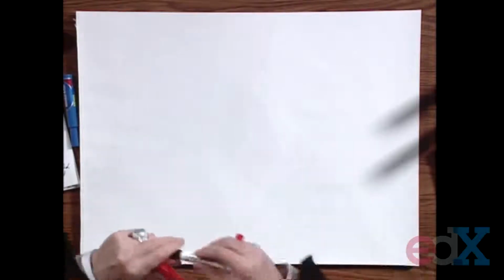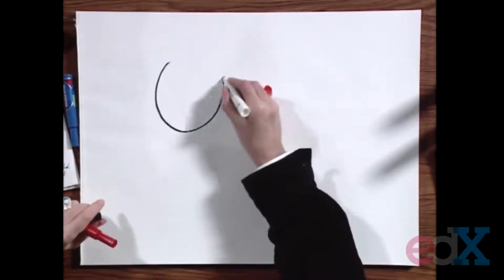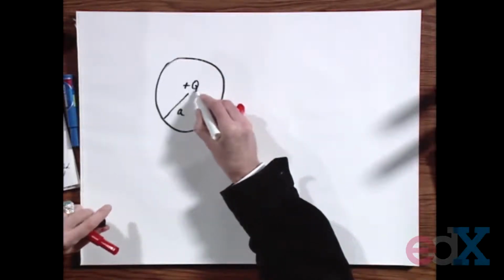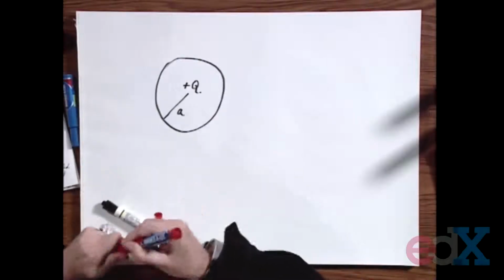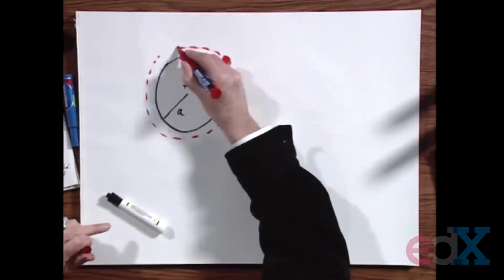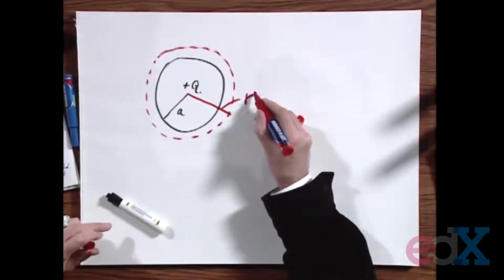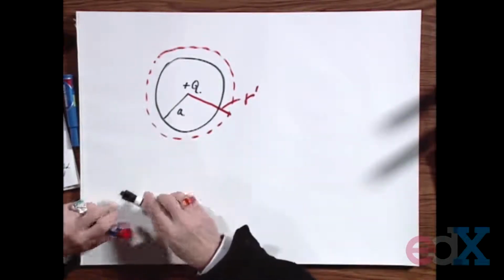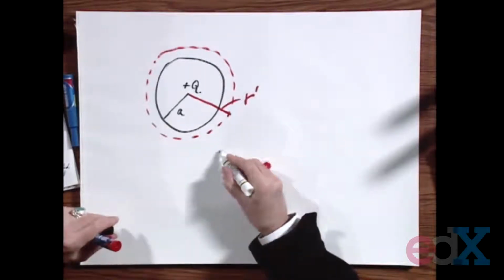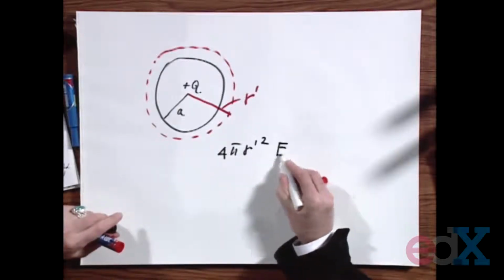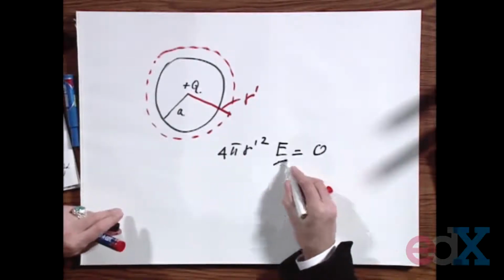Now we are being asked about the induced charges. If I have here the inner cavity, radius a, and charge plus Q here, then I know that the electric field anywhere here in the metal is 0. So if I take some Gaussian surface r prime, which is slightly larger than a, and I apply Gauss's law, then I find that 4 pi r prime squared times E must be 0, because E is 0.